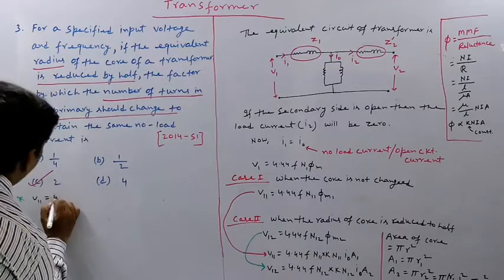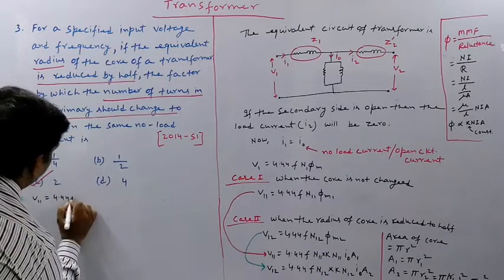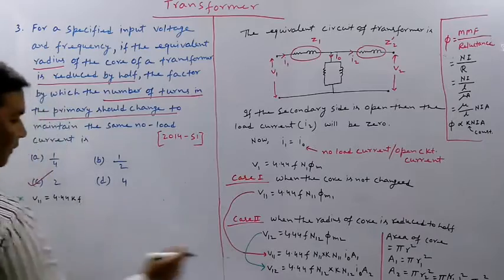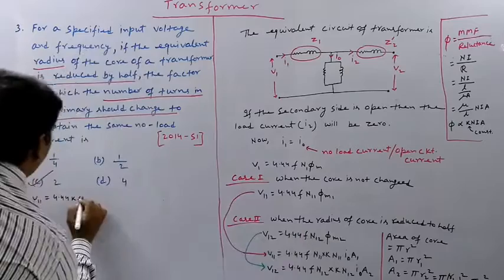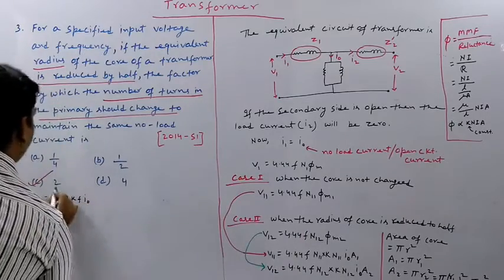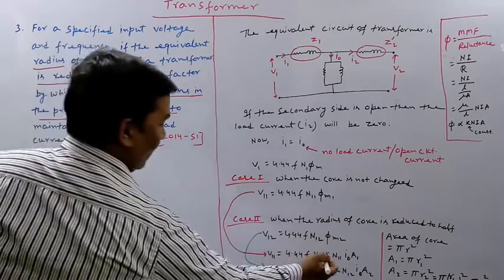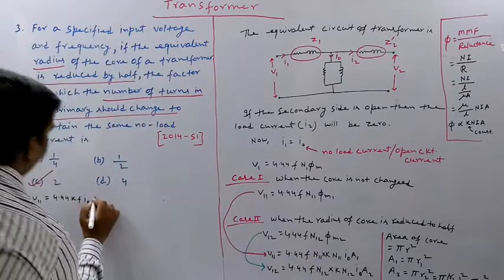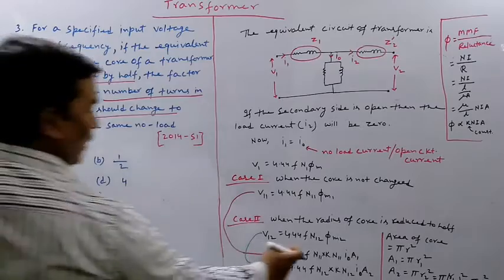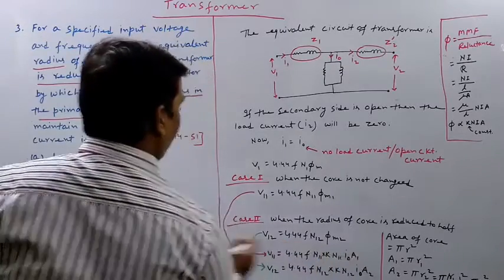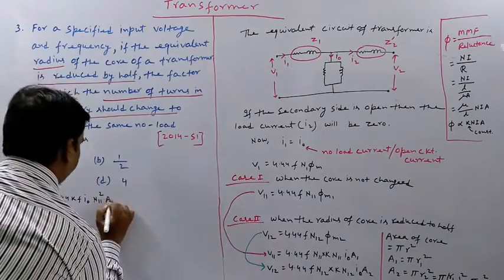So it will be 4.44 k f, where f is the frequency, and I naught, these all are constant, multiplied by N11 square, N11 square into A1.